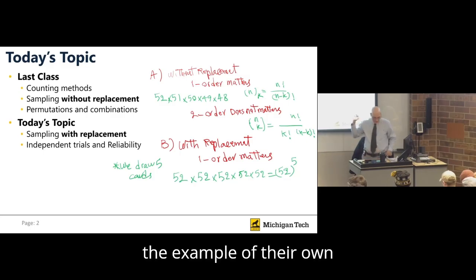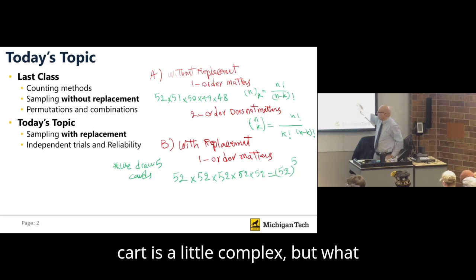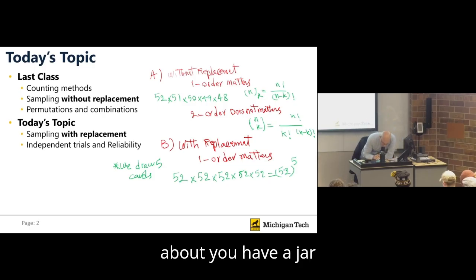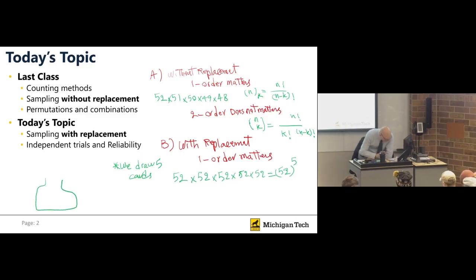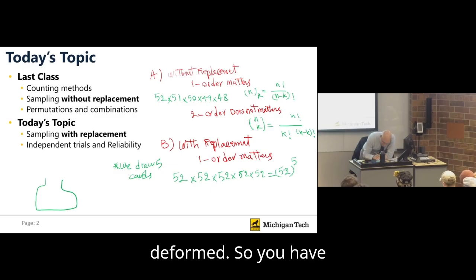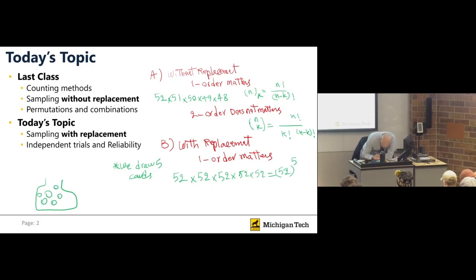The drawing card example is a little complex, but what about a jar of marbles? The jar has some green marbles and some red marbles.